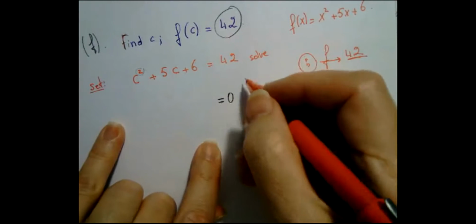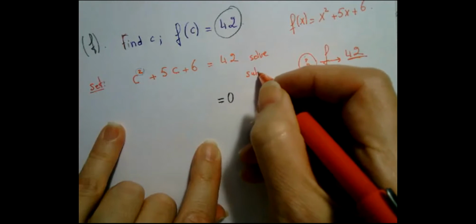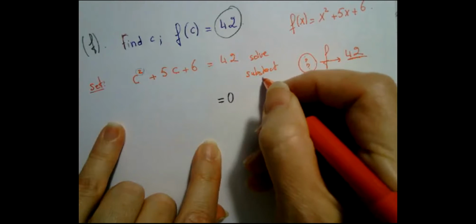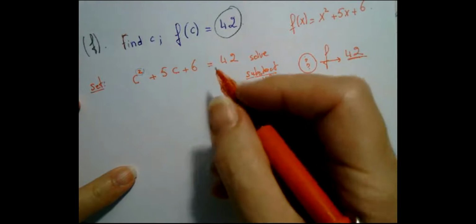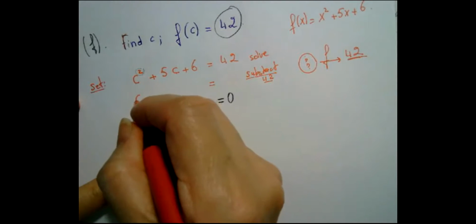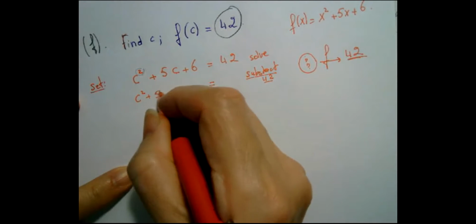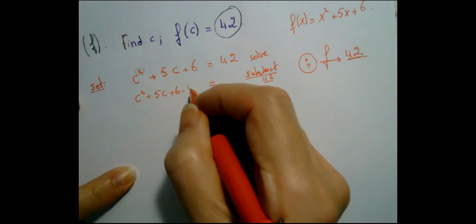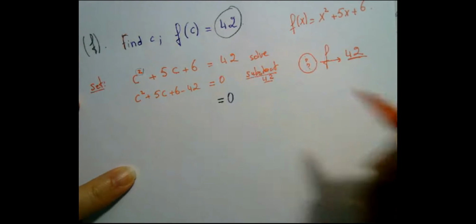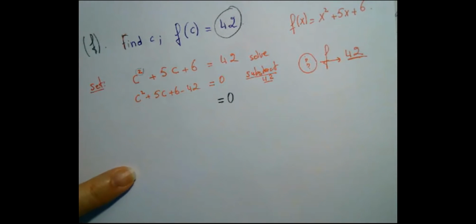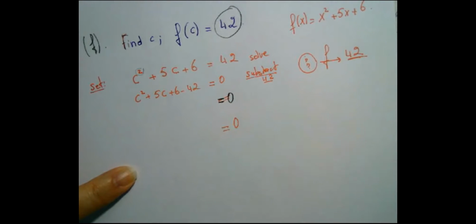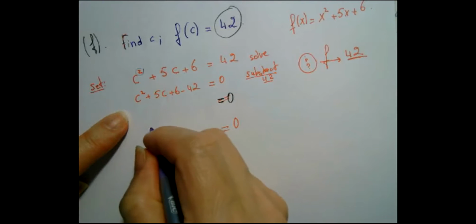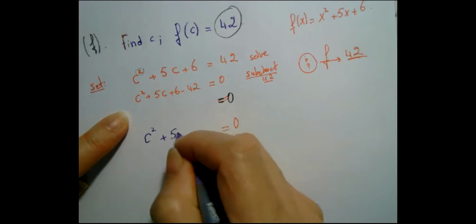To do that, I'm going to subtract 42 from both sides. My goal is to make it into a 0. So this is going to give me C squared plus 5C.